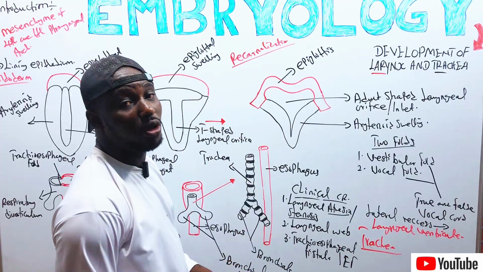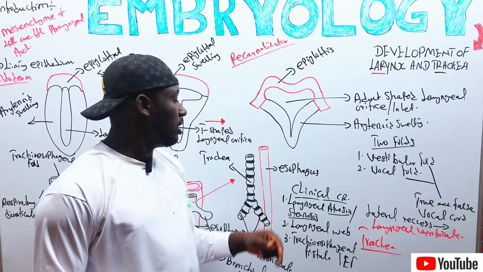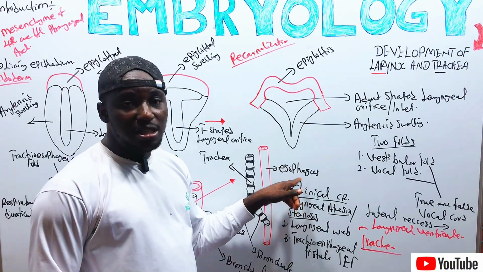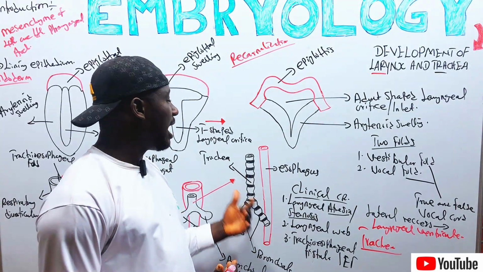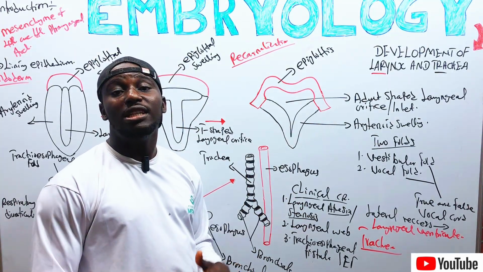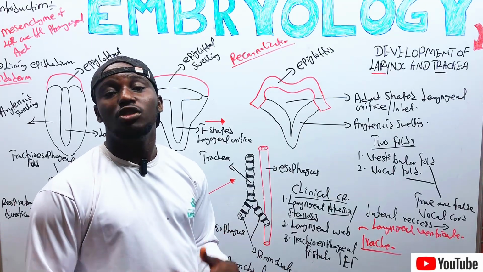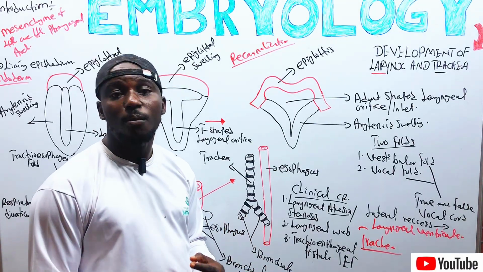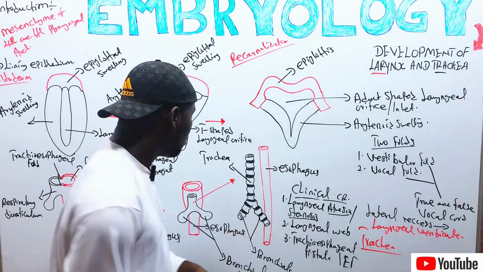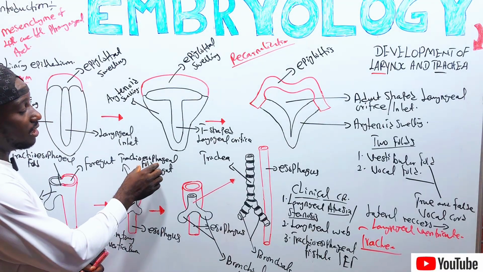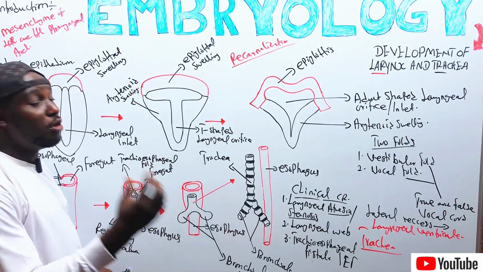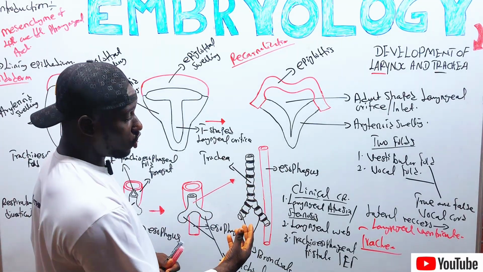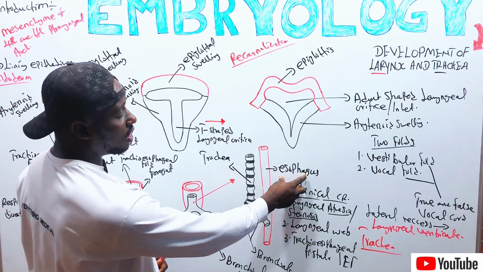TEF is an abnormal communication or connection between the trachea and the esophagus, which occurs as a result of the defective development of the tracheoesophageal septum, which is mostly caused by the failure of the fusion of the tracheoesophageal fold. When there is failure of the fusion of the tracheoesophageal fold, there will be no formation of the tracheoesophageal septum, thereby leading to a fistula, or abnormal connection between the esophagus and the trachea.